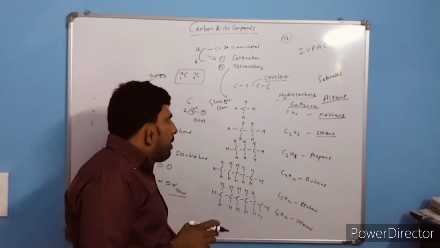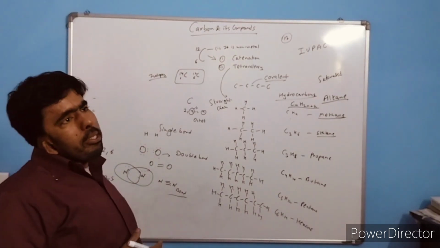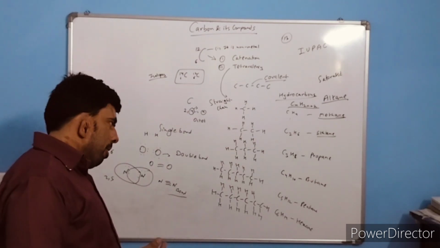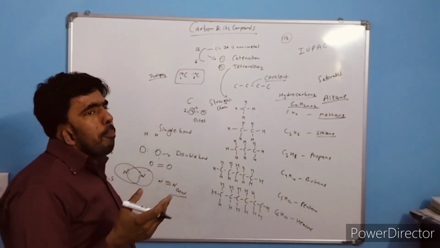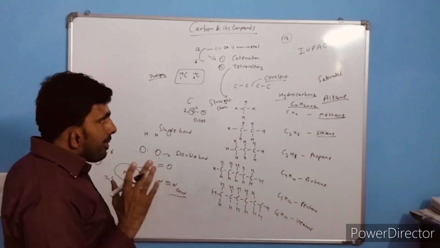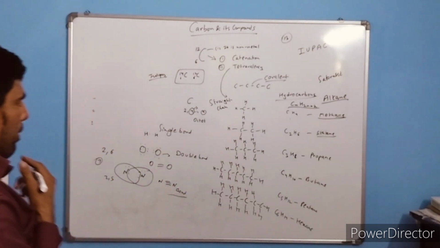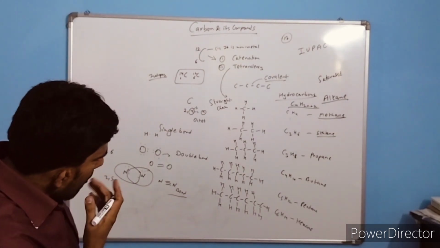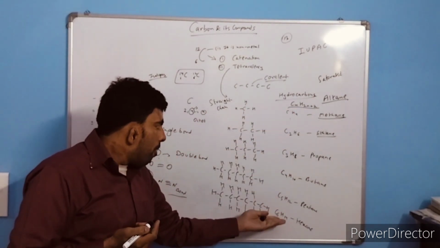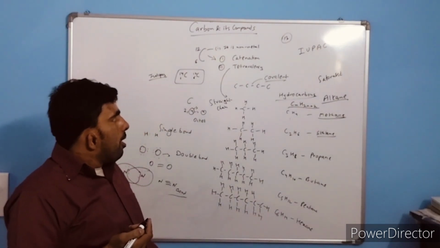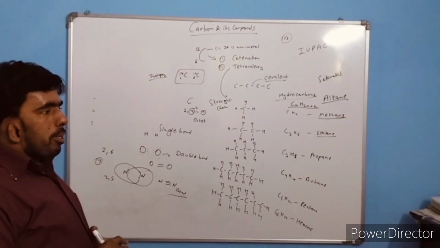We'll see the difference between a single bond, a double bond and a triple bond: as the bond order increases, the number of hydrogen atoms reduces. So this is the basic difference you will find between single, double and triple bond. Okay, now let's move further.